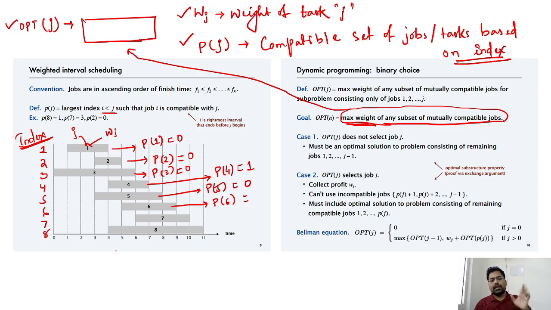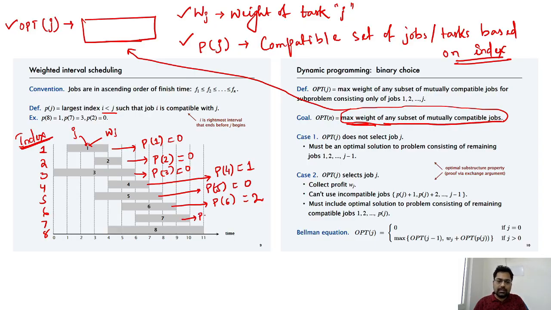We will pick either 6 with 1 or 6 with 2, so for 6 we have two options. Why? Because the finishing time is earlier than or equal to the starting time of 6. That is why we can say these two jobs are expected to be compatible.